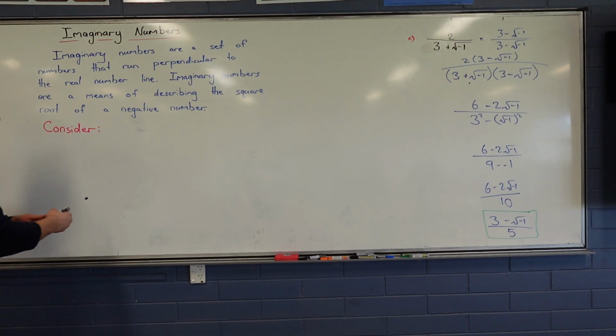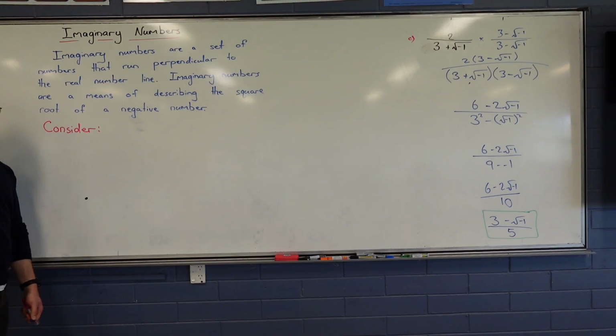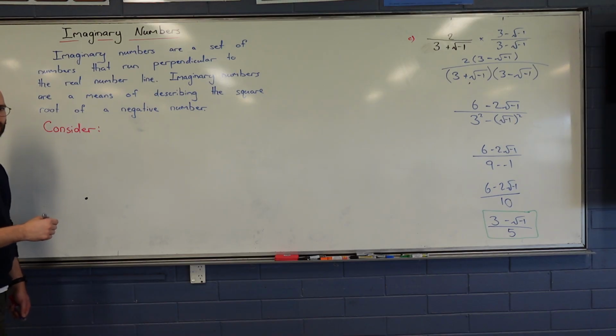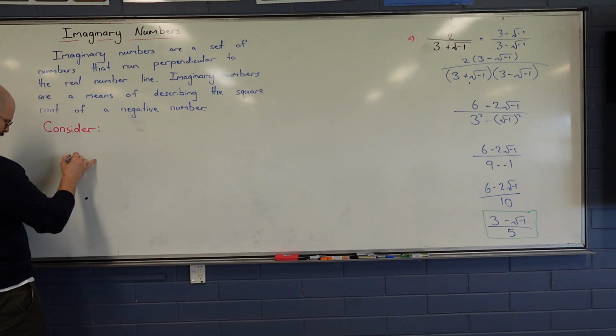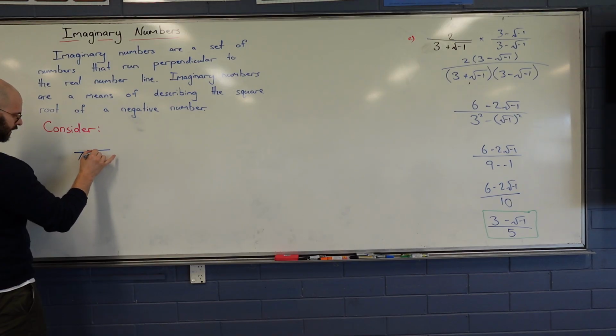So if we have, what's your favorite number, Harrison? 7. Your favorite square number? 64.